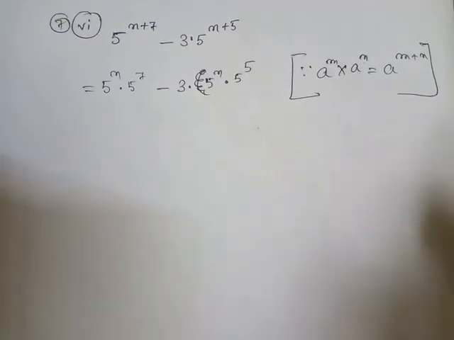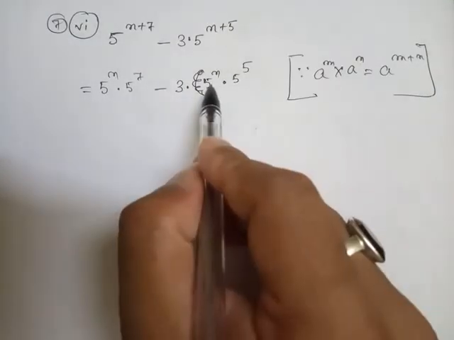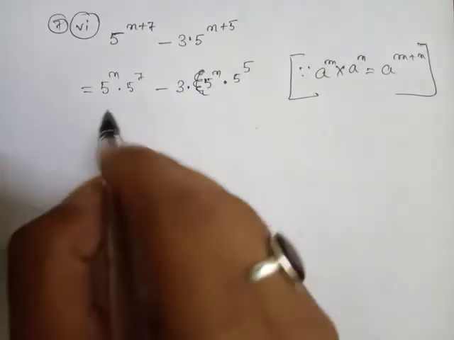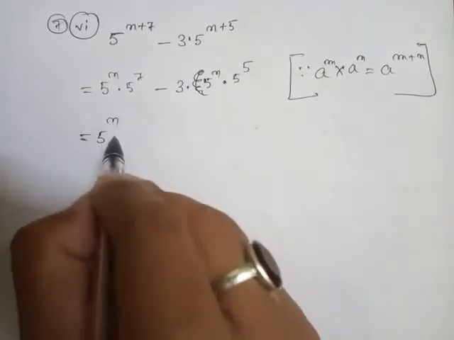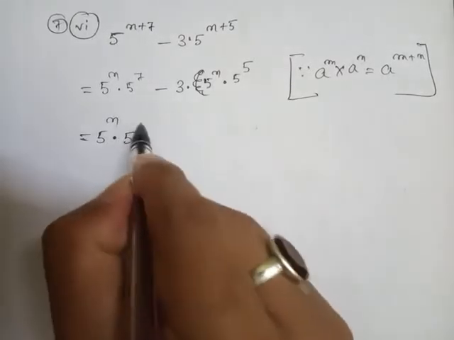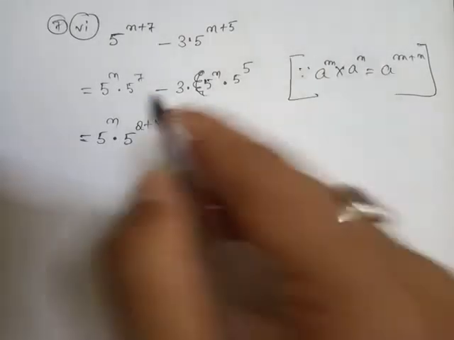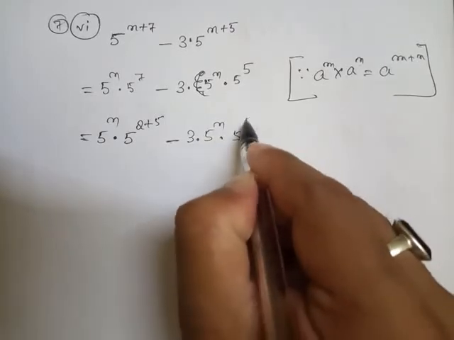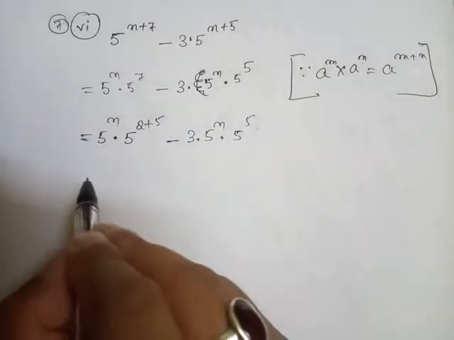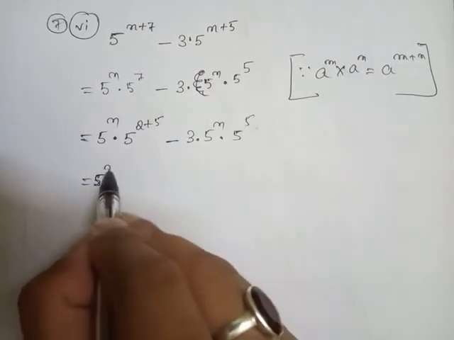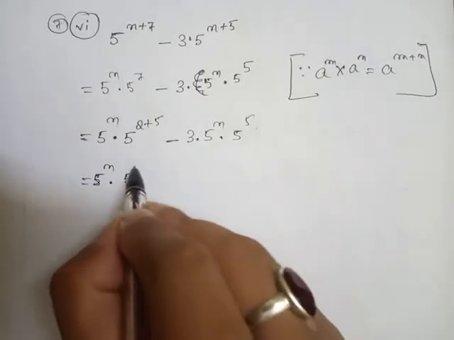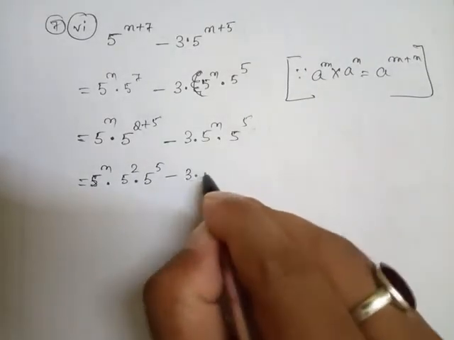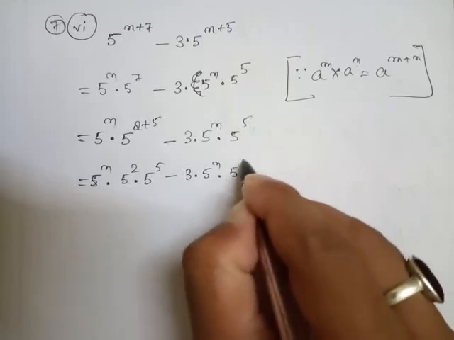After that, 5 to the power n is common from here. In the next step, 5 to the power n, and this 7 can be written as 2 plus 5, and 3 into 5 to the power n, then 5 to the power 5. Now look, after that 5 to the power n, and there is 5 square into 5 to the power 5 minus 3 into 5 to the power n into 5 to the power 5.